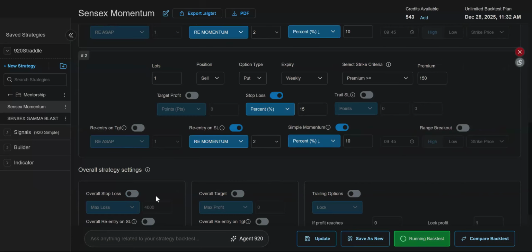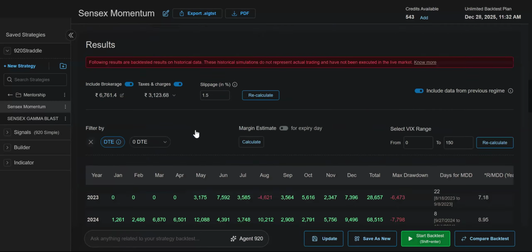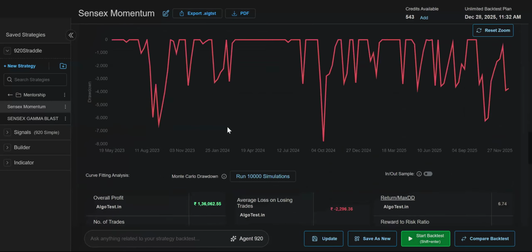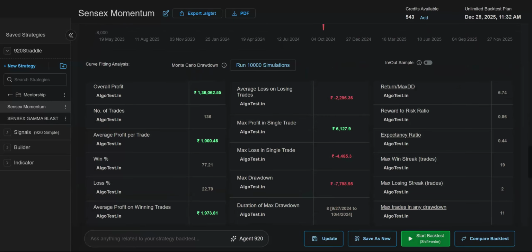But I have still kept it so that maybe in future there might be some black swan day. Keeping that in mind, I have kept a max loss limit of 4,000 rupees. I'll also show you a version where I disable this. See, the results are almost the same. In fact, the results are exactly similar.